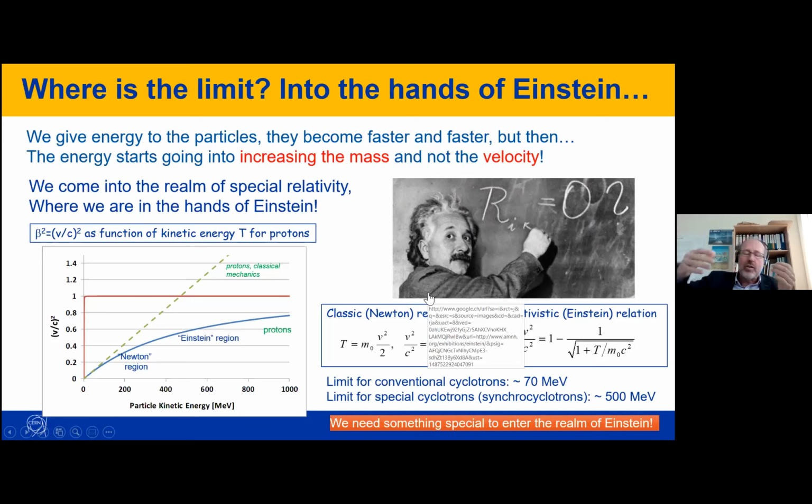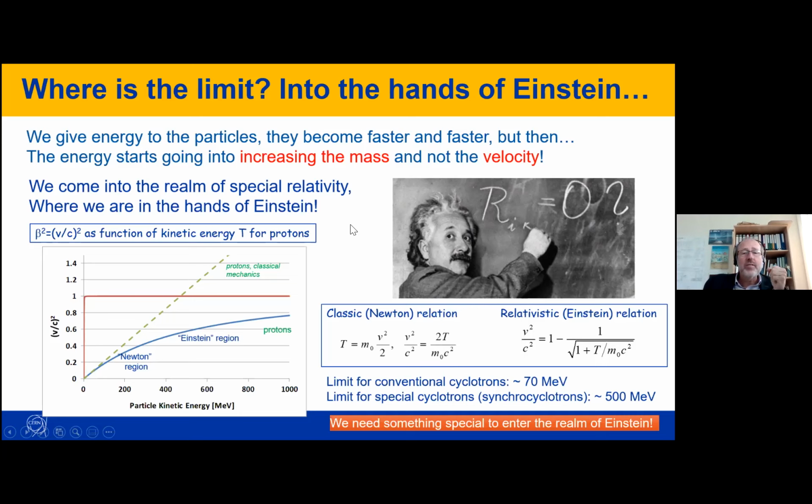Out of the Large Hadron Collider of CERN, the velocity of the protons is 99.999 and something like that percent of the speed of light, but it is not the speed of light. We will never, ever reach the speed of light.